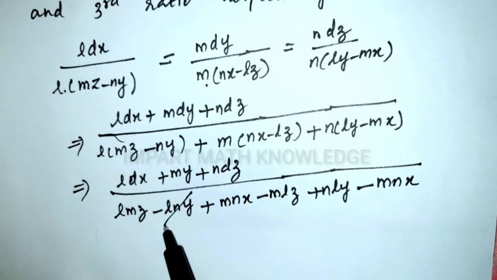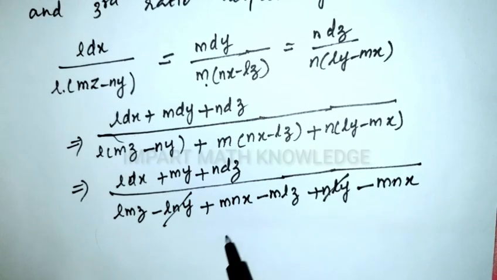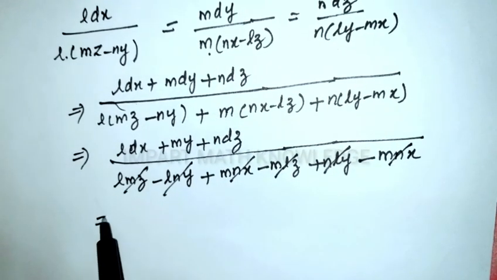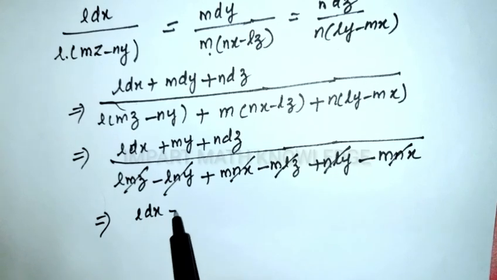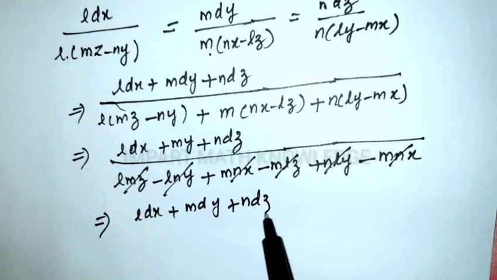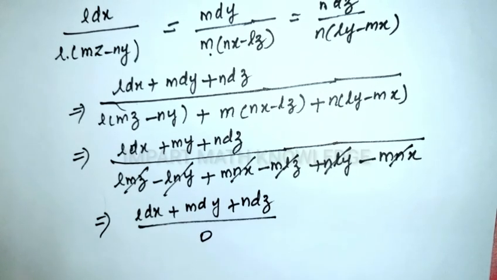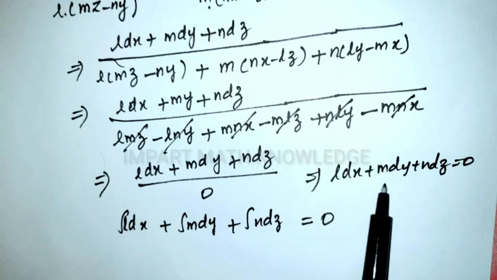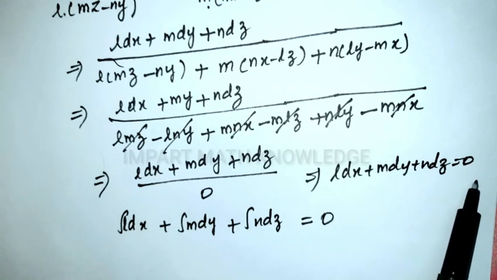Cancelling the like terms, lny, mnx, mnx, lmz, lmz, the denominator is 0. So we have l dx plus m dy plus n dz by 0. The denominator is 0, so we can write this as l dx plus m dy plus n dz is equal to 0.